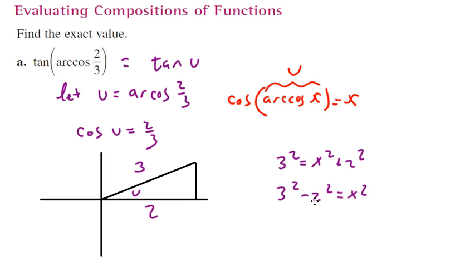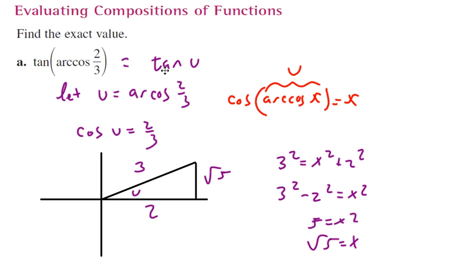That's 9 minus 4, so 5 equals x squared, so x is radical 5. So I've put my two values on the right triangle and found my third side.